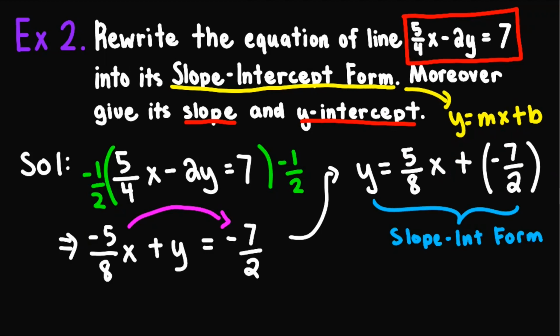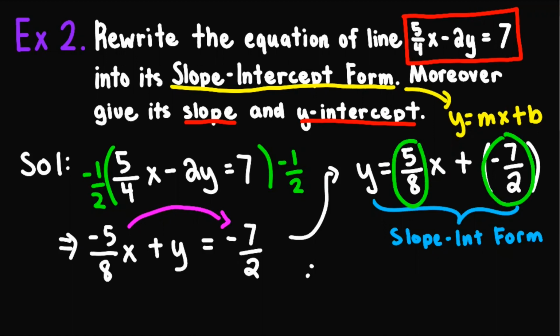Next, we need to find the slope and the y-intercept. Fortunately, in slope-intercept form, the slope is already given by this one, and the y-intercept is already given by this one.